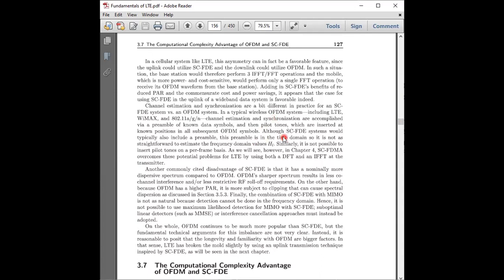Remember we spoke about how using 2 antennas at transmitter and 1 antenna at receiver is going to give you certain advantage. That advantage is called MIMO. But this particular MIMO thing works better with OFDM, not with SC-FDE.